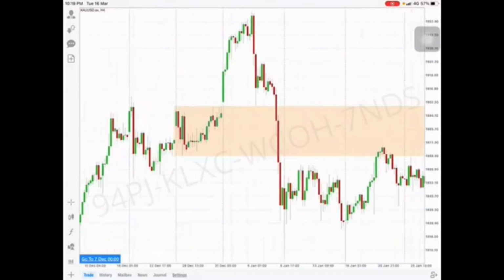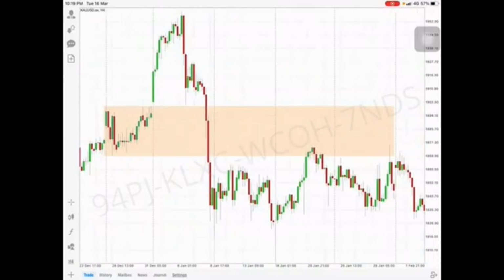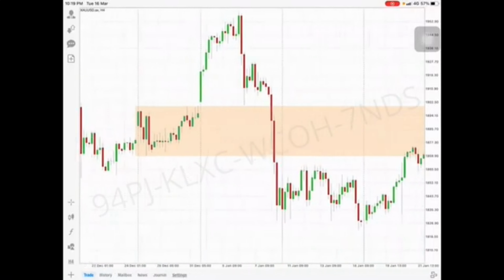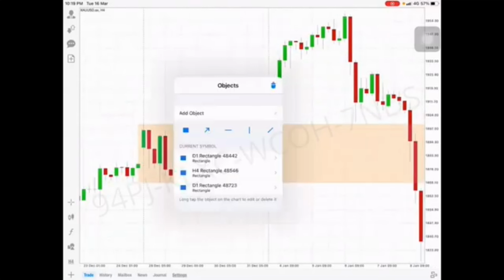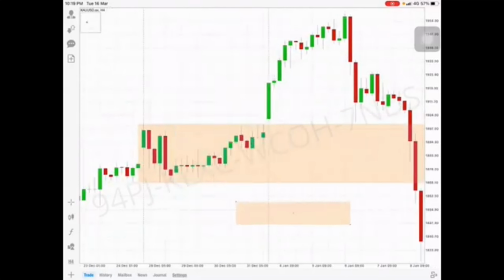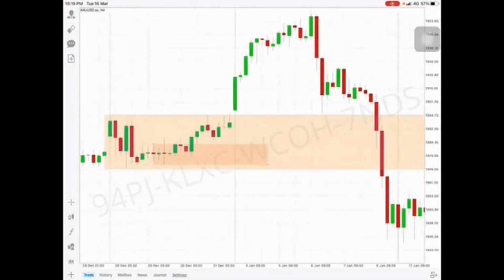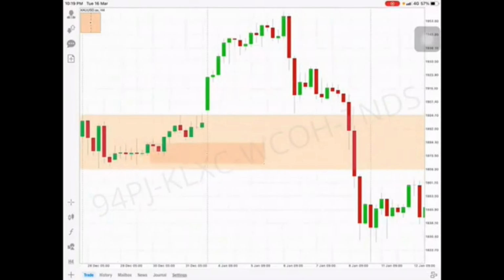So what are we going to find in the H4? H4 is also broken engulfing, so we are looking for engulfing as well. Okay, so look at this one. Oops, wait.